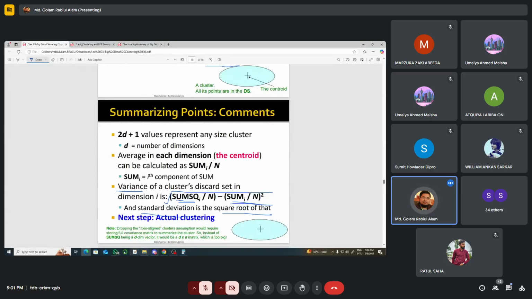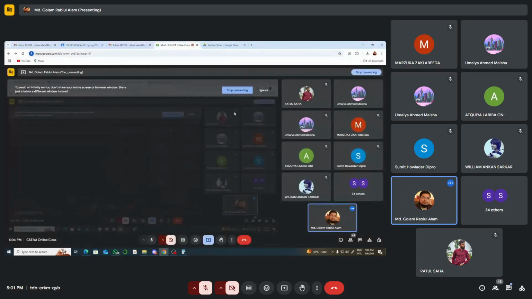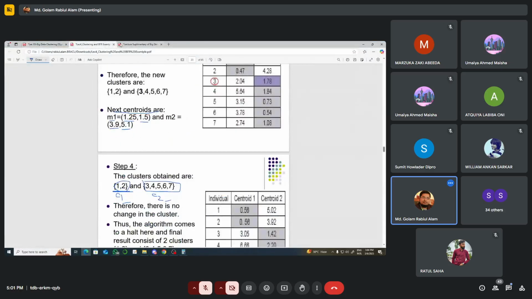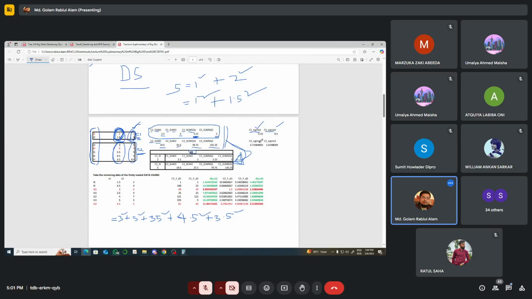So in this case we can see here, to find out this value, what we need actually, this is for the first dimension.